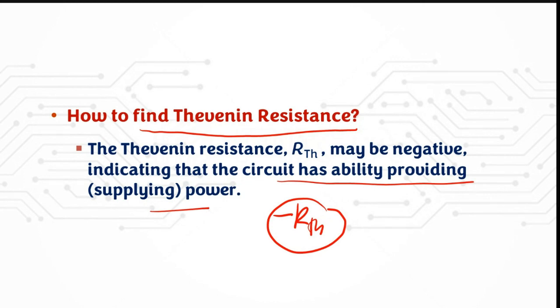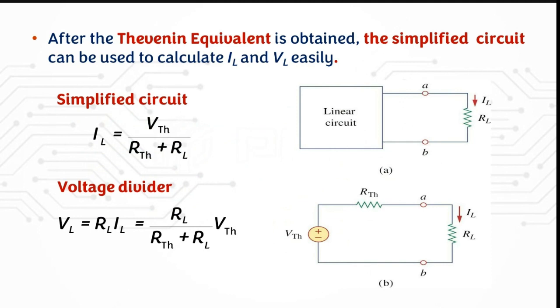Now, from the Thevenin equivalent, you can also calculate the value of the load current and the load voltage. So you have this linear circuit, and you have transformed it into this Thevenin equivalent circuit.